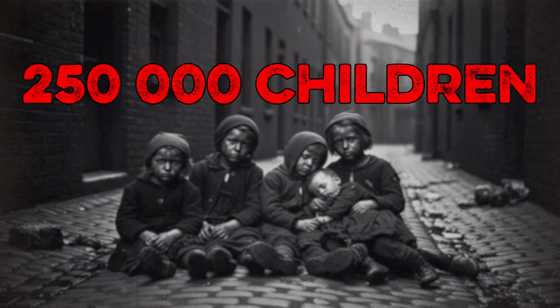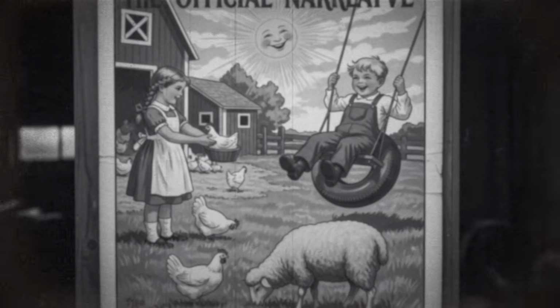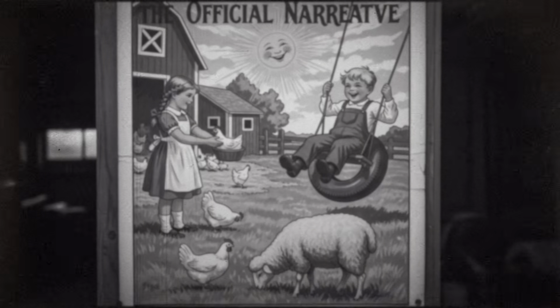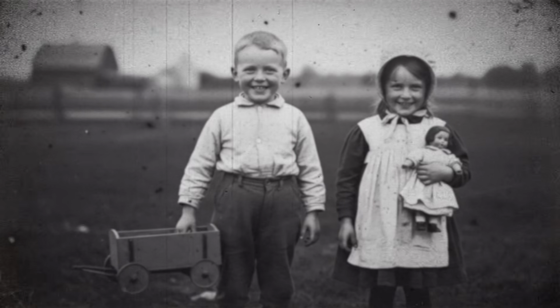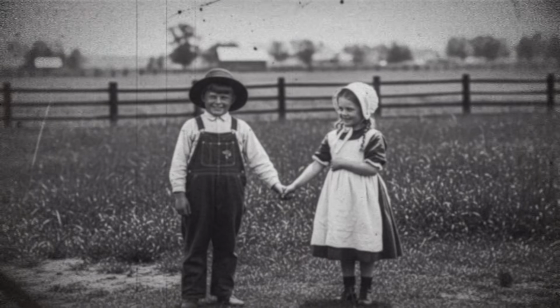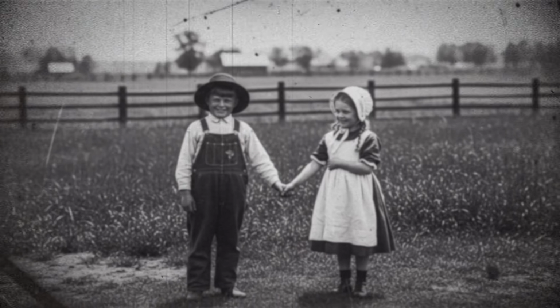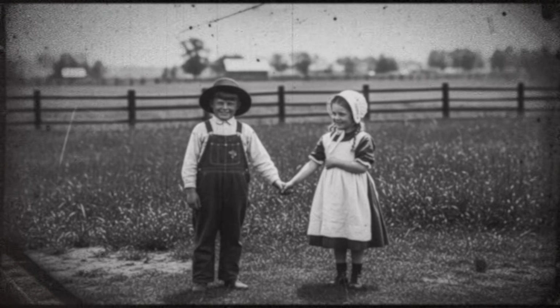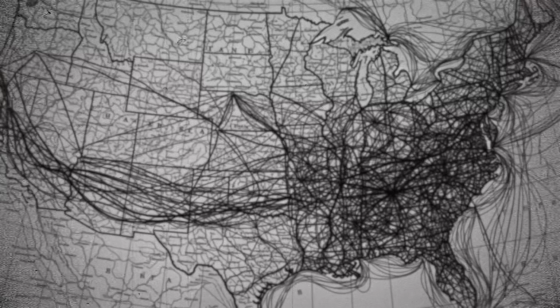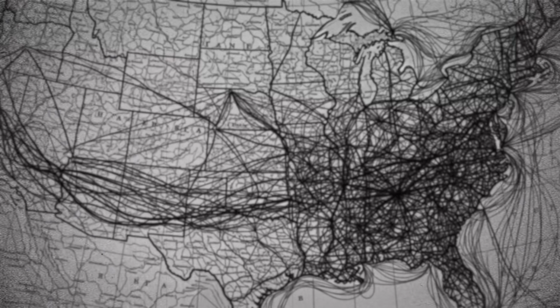Let that number sink in. The historical narrative claims these were street urchins, the tragic byproduct of poverty and immigration. The Children's Aid Society, they say, was simply finding them good Christian homes on farms. Charity. That is the label they slap on a logistical operation that rivals modern military deployments.